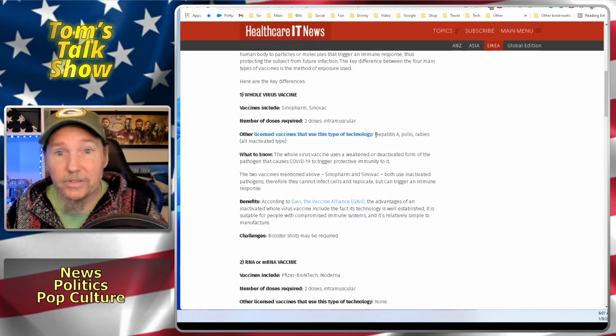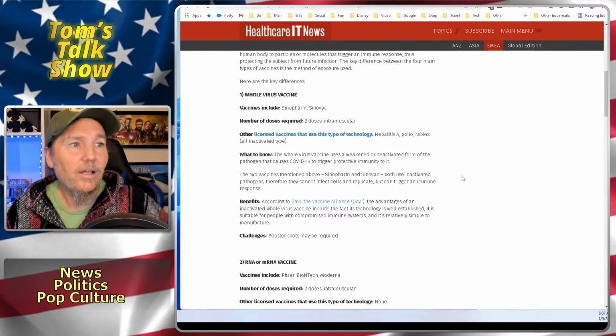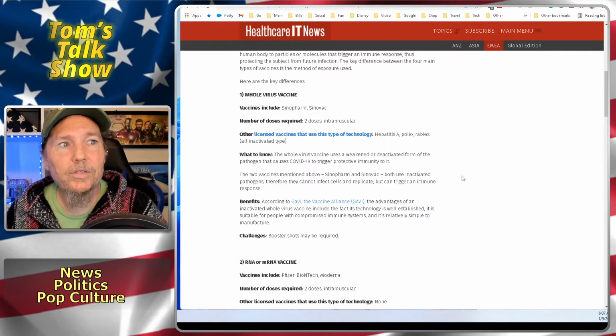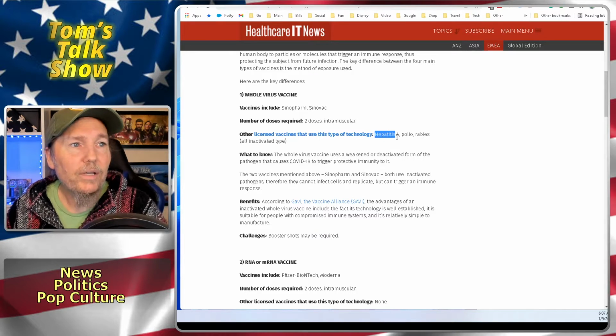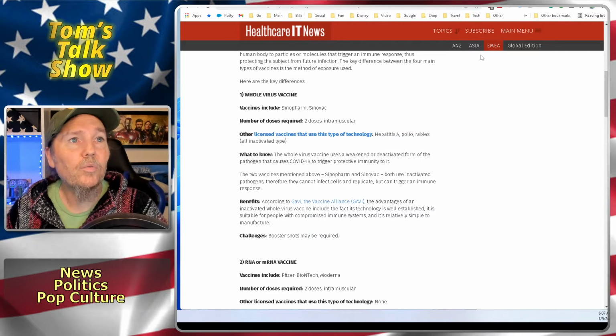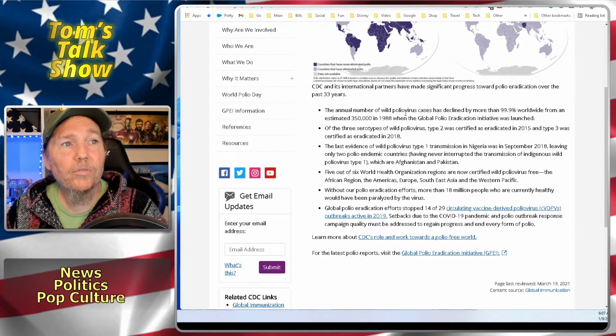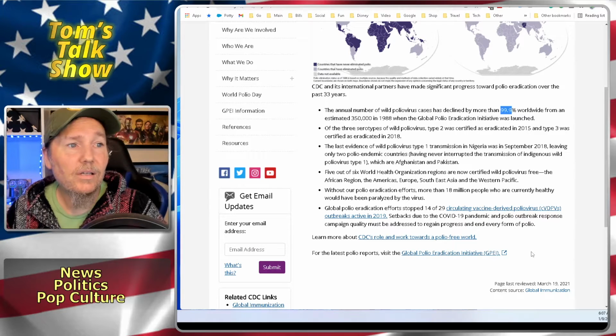Maybe they pull these from where they get monoclonal antibodies, people who donate blood who have had it. I'm not really quite sure about that, but we get this derived in the same way as hepatitis, polio, rabies. So polio, looking over here, the number of annual wild poliovirus cases has declined by 99.9% worldwide. So that's, I would say, a pretty effective way to make a vaccine.